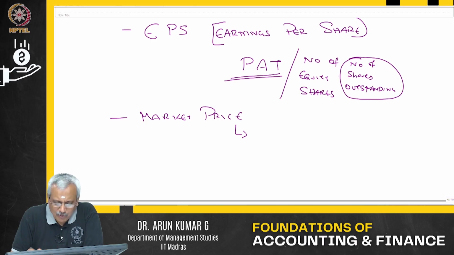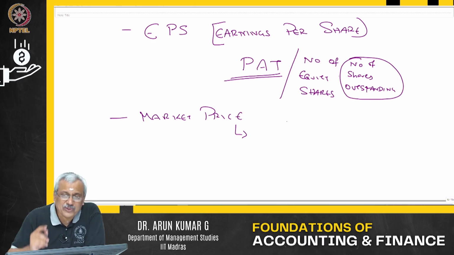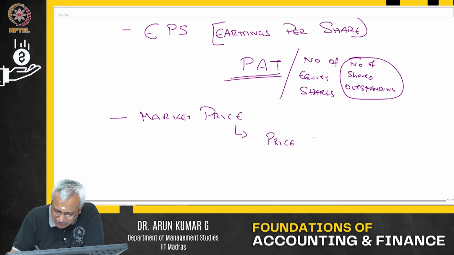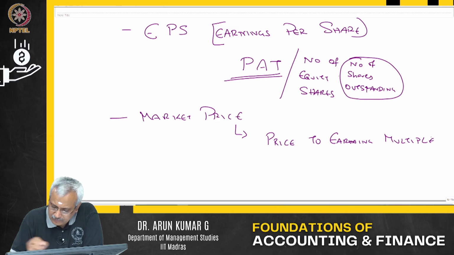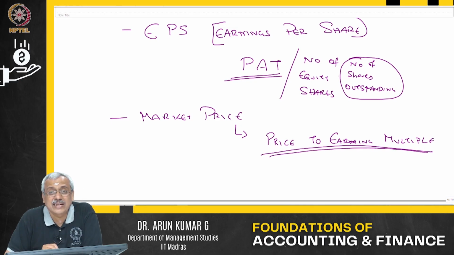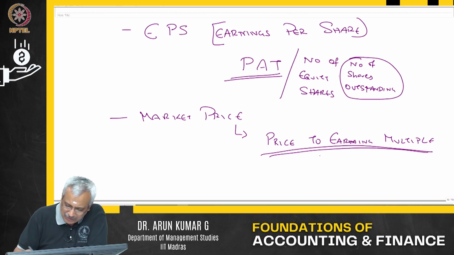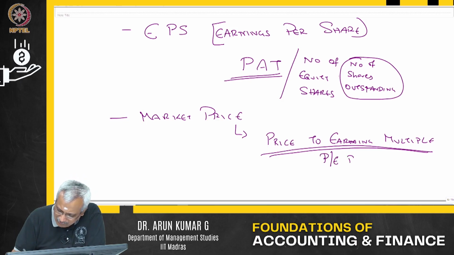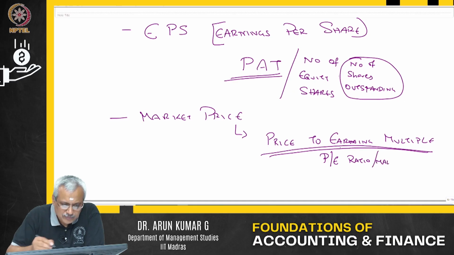What I am more interested in knowing is the price to earning multiple, because this is what I will use to compare. I will use it as the price to earning multiple, or what they call the PE ratio or PE multiple.